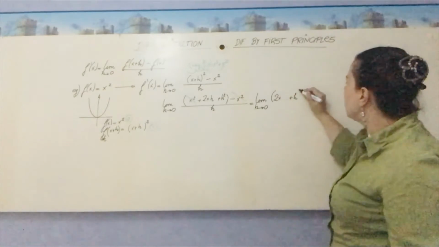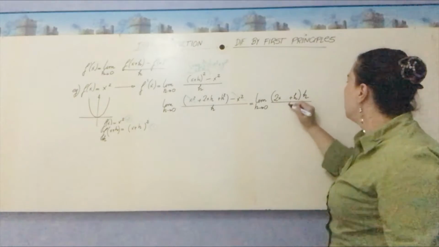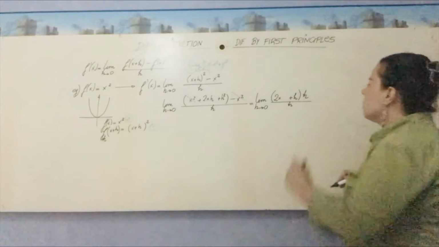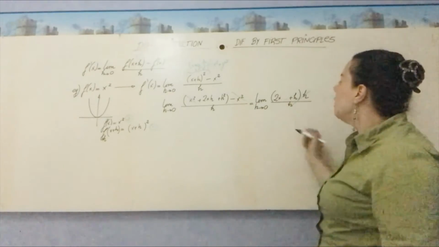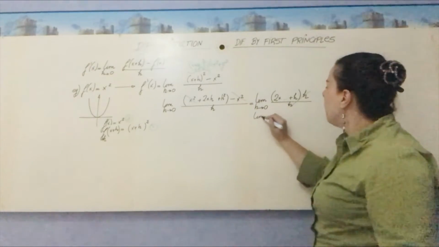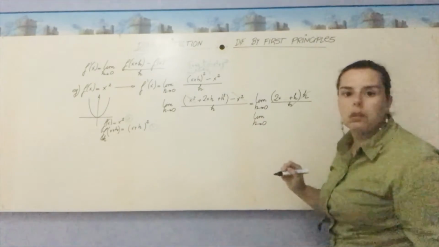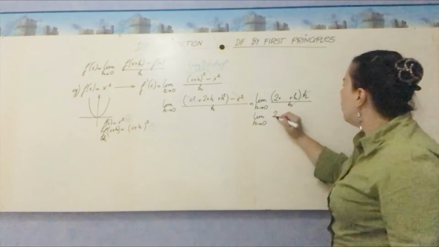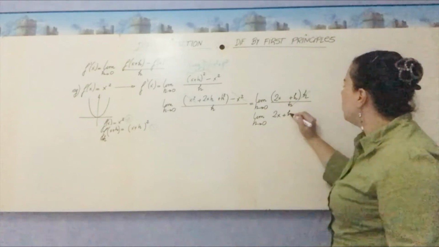That means I'm going to be able to factorize here, and that's useful because now I can simplify that quotient. What am I left with? Limit of h tending to 0 of 2x plus h.